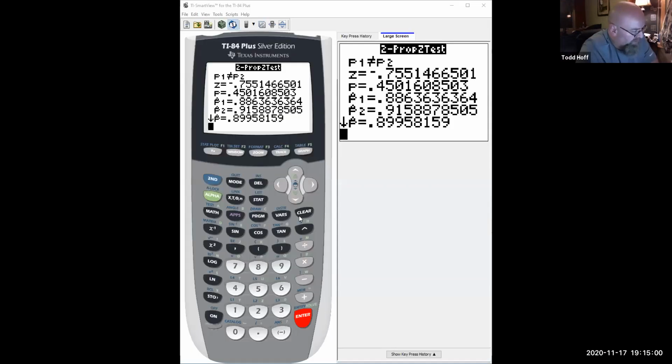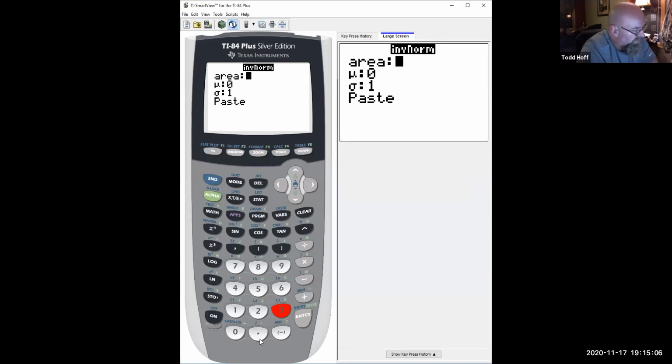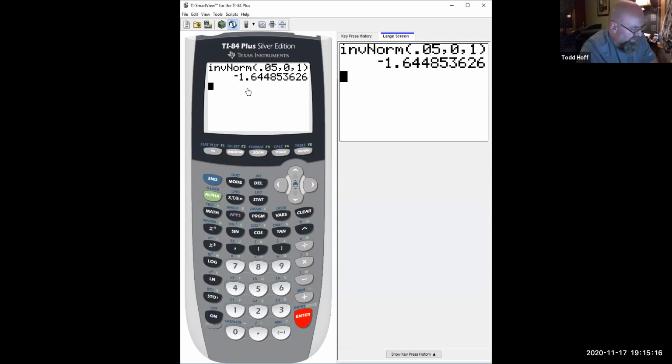We're going to go to the calculator, second distributions, inverse normal, 0.05. Of course, this is standard normal, so mean is 0, standard deviation is 1. It gives us a negative 1.645. That is the critical value.